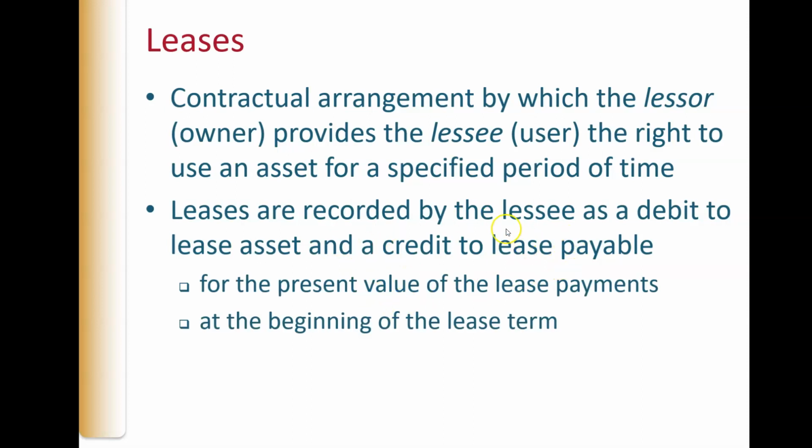So we record this lease at the present value of the lease payments. So you're going to pay, say you're paying $1,000 a year for 3 years. Then the present value of that lease payment is that $2481 or whatever that number we came up with in the annuity was. So we record this at the beginning of the lease term by debiting the asset and crediting lease payable.